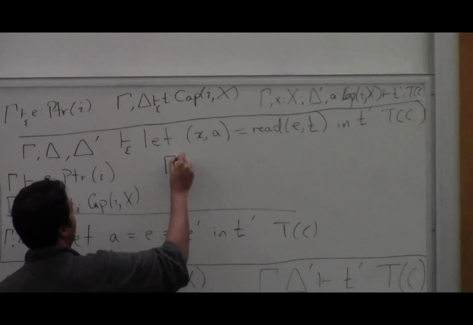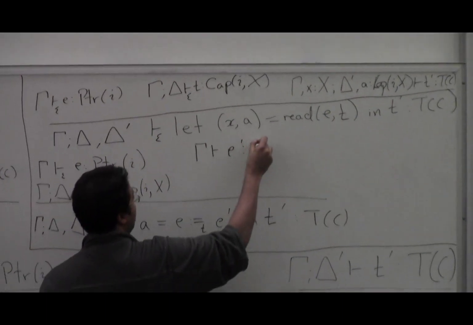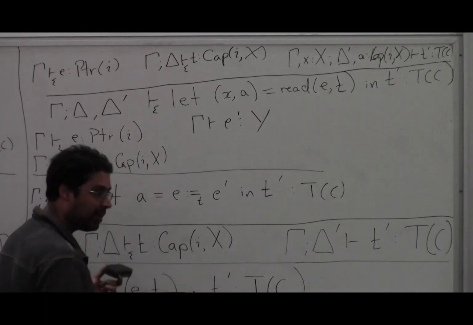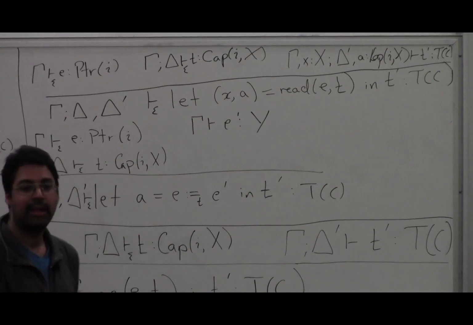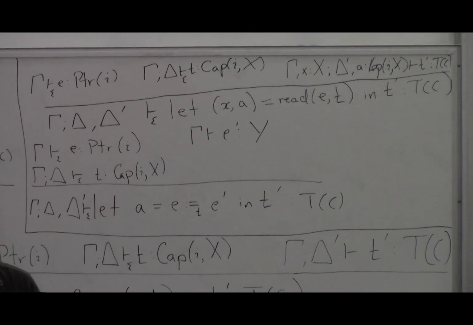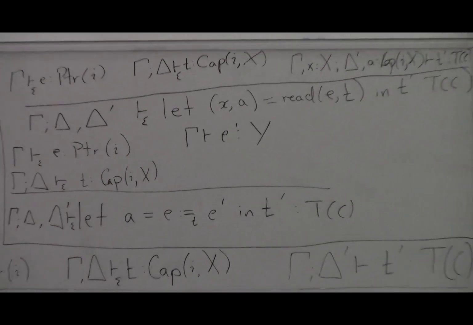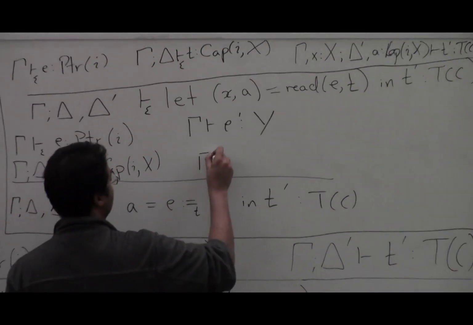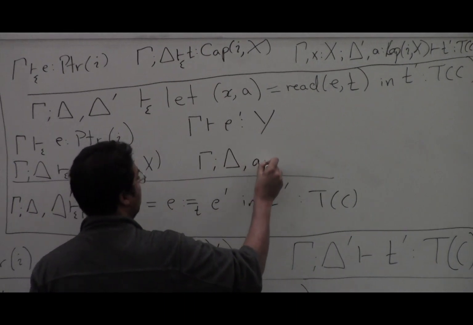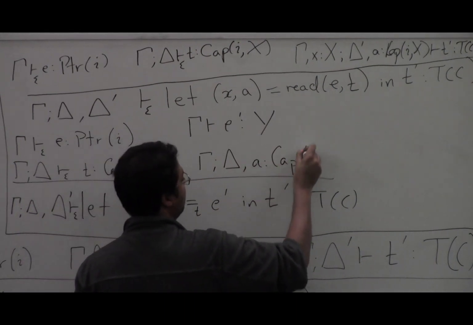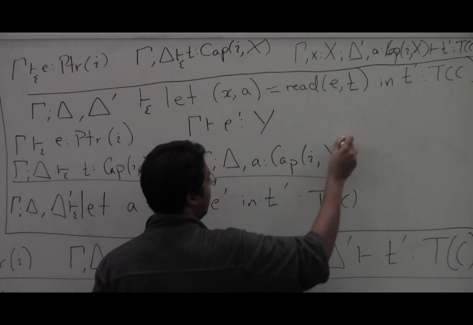So we want e prime to have some type y. Once we've done all that, we'll get back a new capability telling us that the pointer now holds a y rather than an x. So gamma, delta, and A tells us that the location I holds a y.